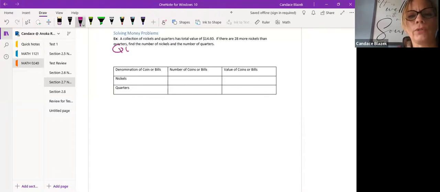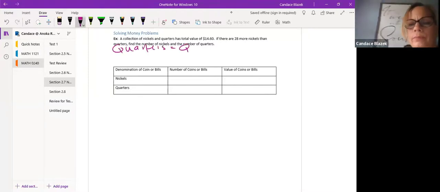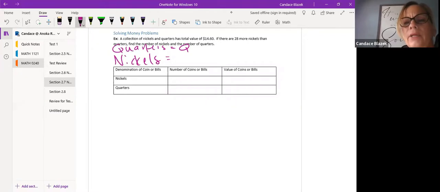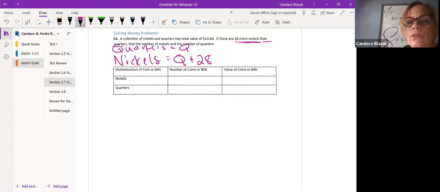So I'm going to let quarters equal Q. And then nickels, I could let equal N, but it says in here that there are 28 more nickels than quarters. So I'm going to express the nickels as Q plus 28, because there are 28 more nickels than quarters.